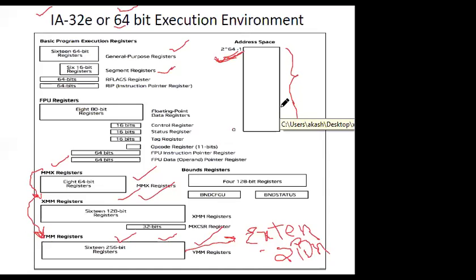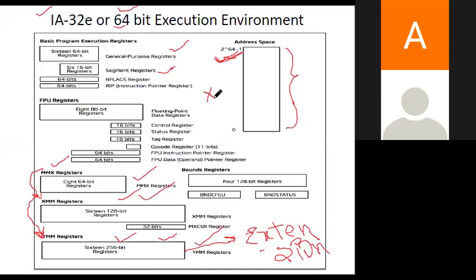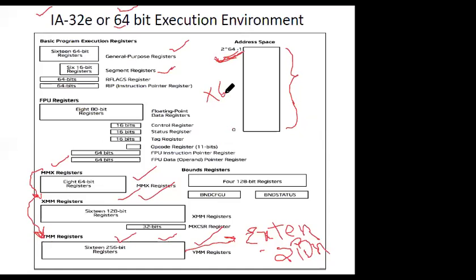As I have told you, there is a difference between cross 64 architecture and cross 86 architecture. Cross 64 architecture is an independent architecture, whereas cross 86 architecture is the IA32E extended version.